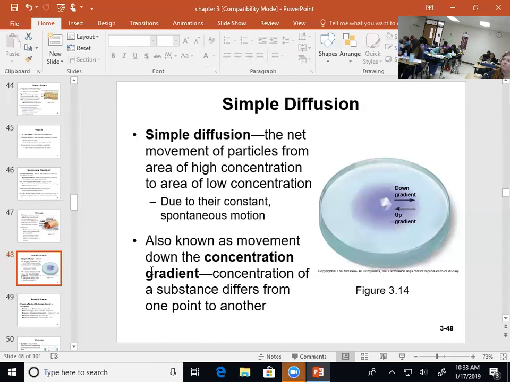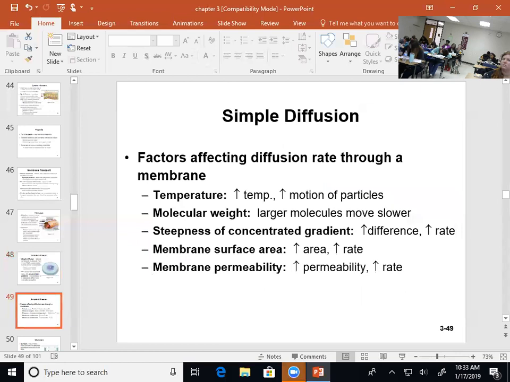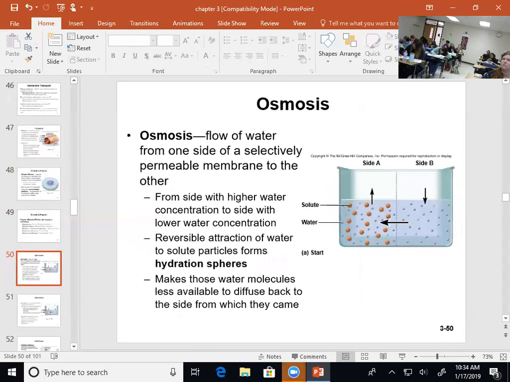The movement of water is called what? Osmosis. So you see that that's a very different way than living cells have the ability to move solids up their gradient, don't they? With energy, they have the ability to do that. And I just can't stress enough that that's a big difference.